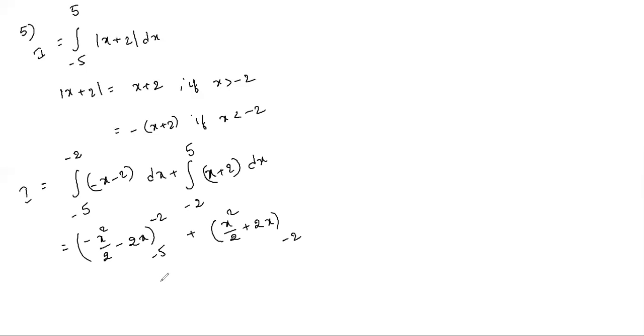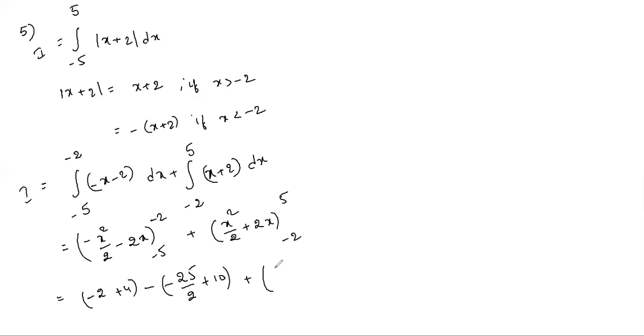minus 2 to 5. By substituting the upper limit, minus 2 whole square is 4, 4 by 2 is 2, minus 2, minus 2 into minus 2 plus 4. Minus the lower boundary: minus 5 whole square is 25, 25 by 2, minus minus plus 2 into 5 is 10.